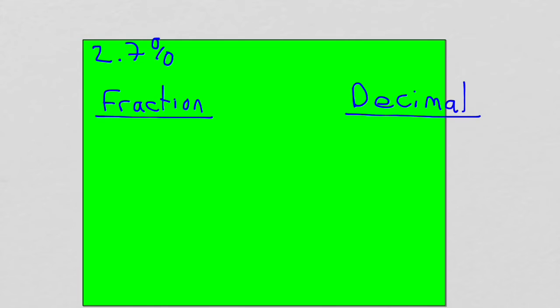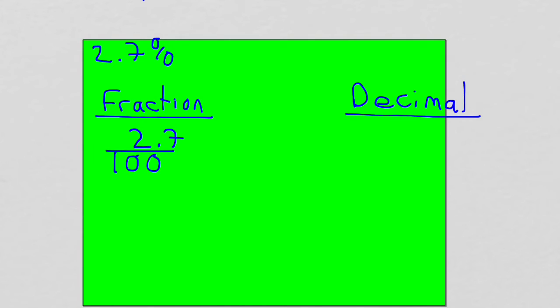The fraction, since it's a percent, this is the key thing to remember: percent means fraction out of 100. And that's 2 out of 100, but not just 2 out of 100, it's 2.7 out of 100. And we can't have a decimal in the fraction.